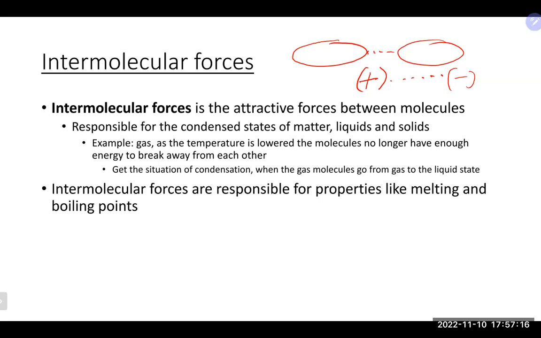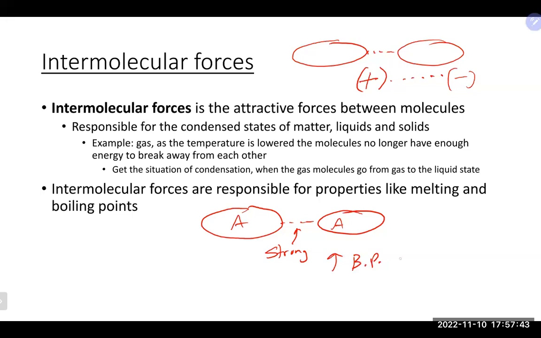Intermolecular forces are really responsible for important things like melting points and boiling points, for example. If you had an intermolecular force between the same molecule, holding this molecule together, and if this was a relatively strong intermolecular force, we would expect to see much higher boiling points and melting points.